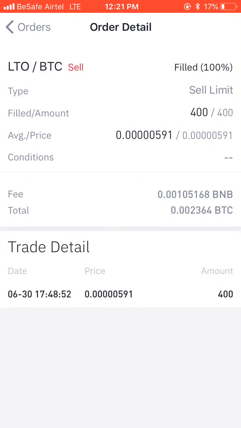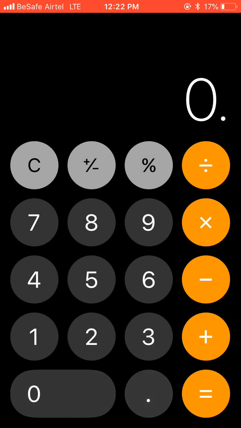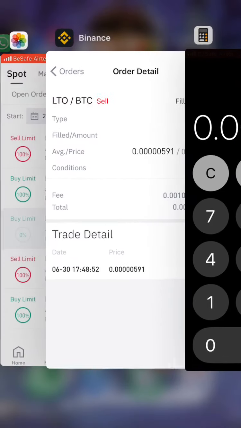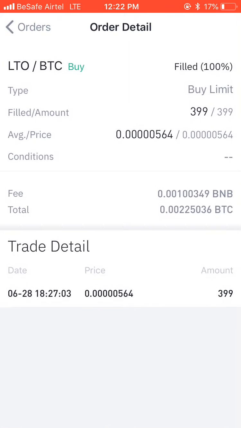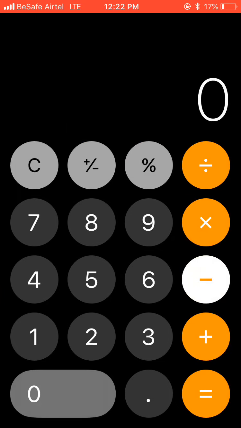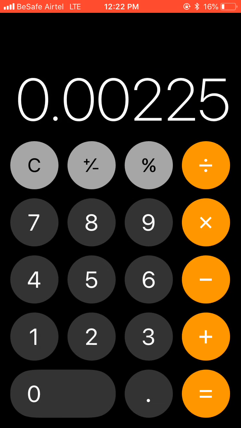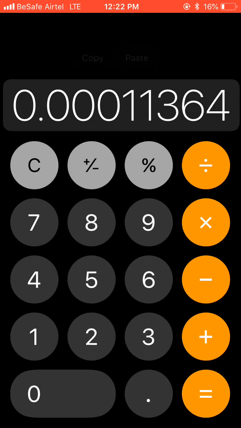We type 0.002364 into our calculator, minus what you used when you bought it, 0.00225036, equals, can you see, 0.0001136. This is your profit.